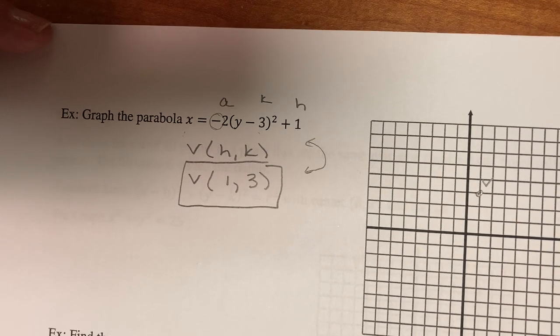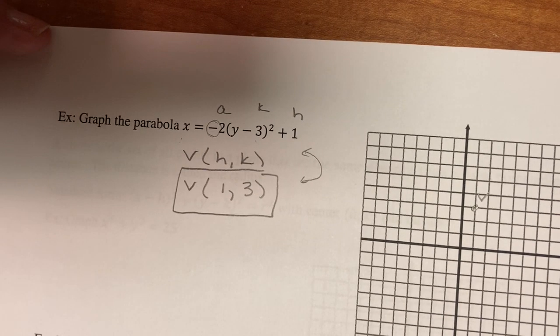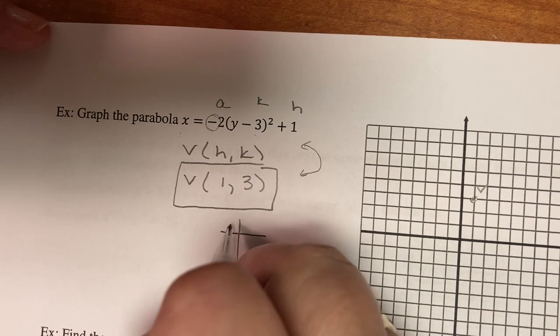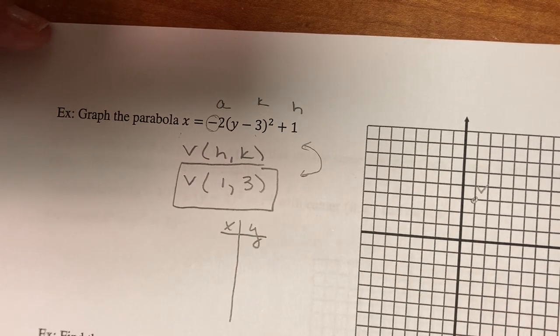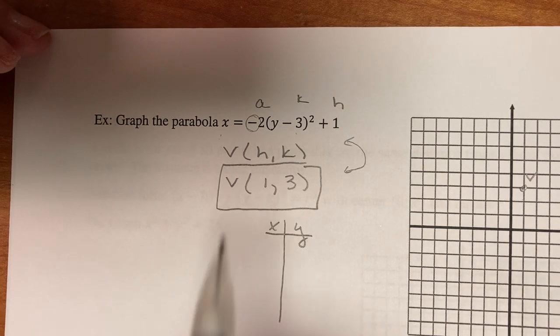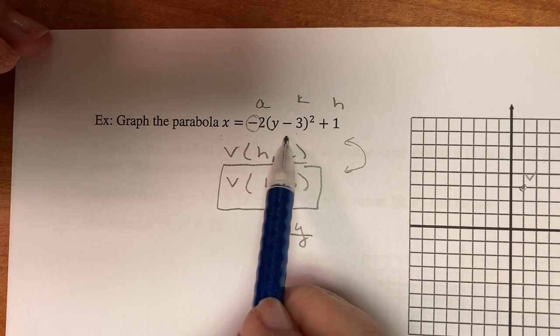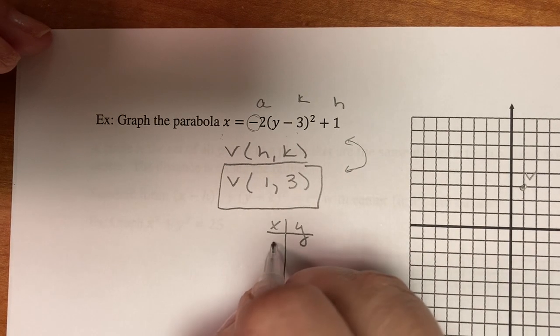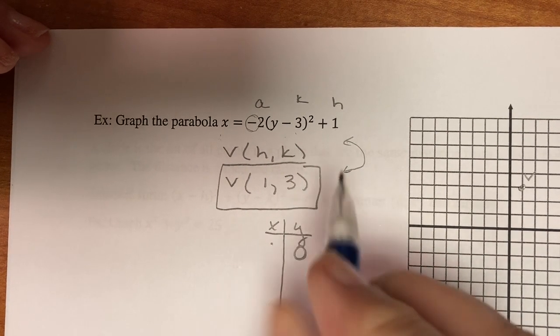Okay, so now what I would do here, you're not going to find x-intercepts, but we are going to plug in a couple of points. So we're going to plug in x's and y's, but we're not going to plug in x's here. We're going to plug in y's to help us find our x's. So for example, I'm going to plug in 0 for y.